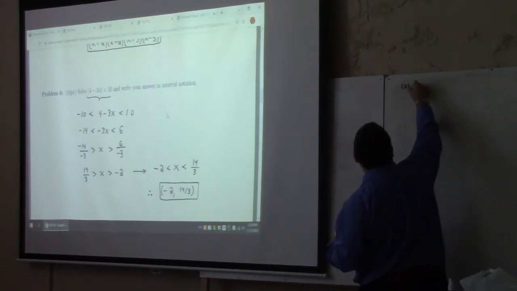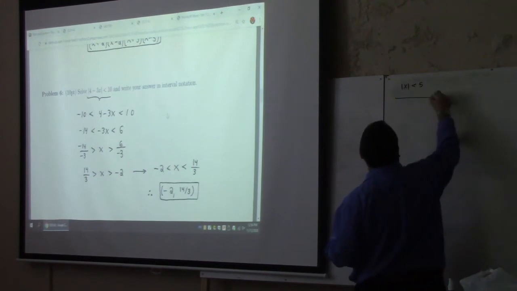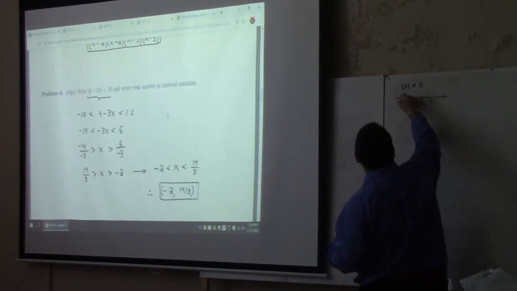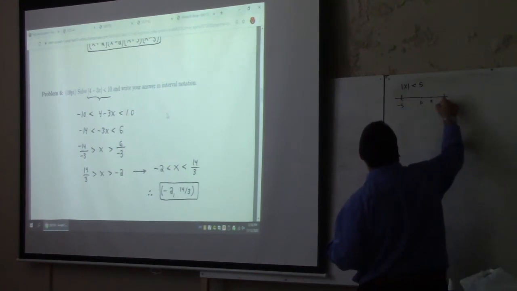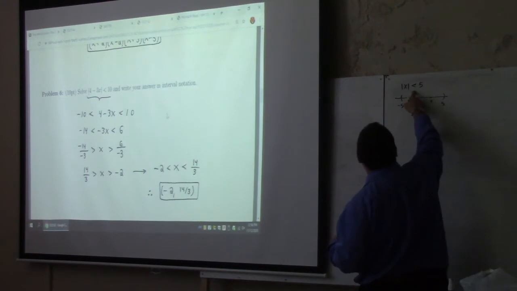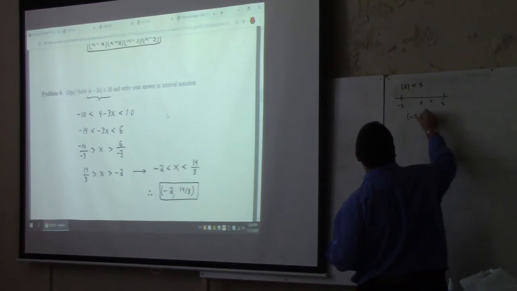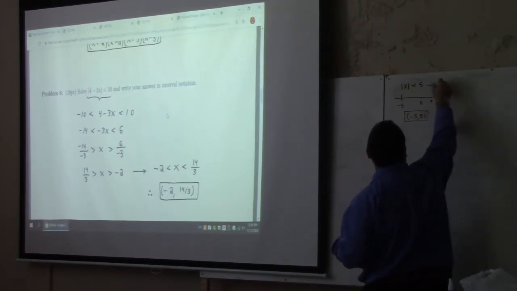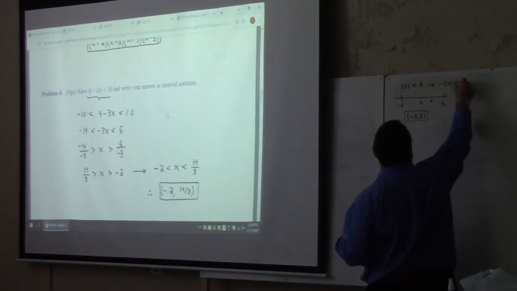Absolute value of x less than 5, on the number line, is saying that you're less than 5 units from 0. So you're between minus 5 and 5, right? This says the distance from 0 to x is less than 5. So the answer is minus 5 to 5 in this case, right? So this translates to minus 5 less than x less than 5.